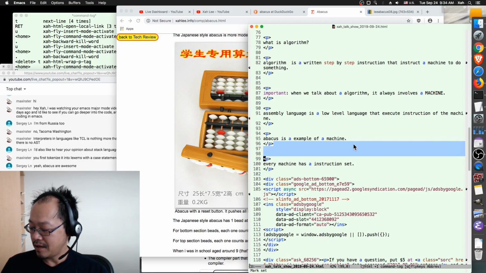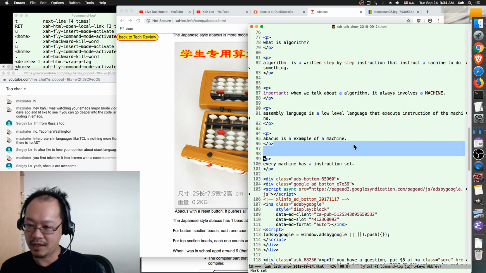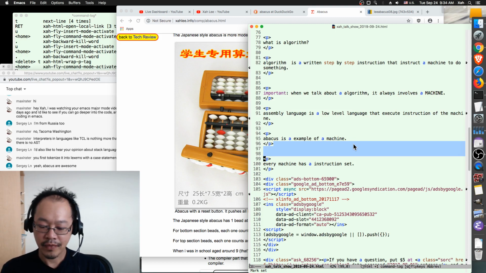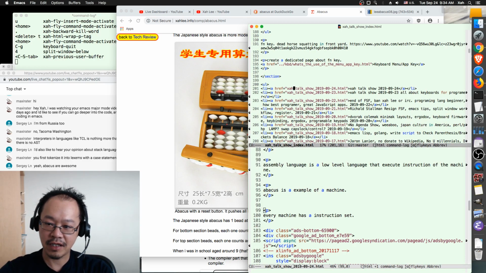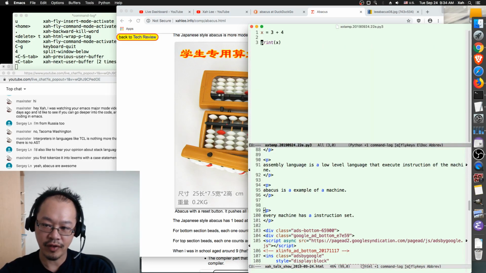And another thing is there's a word interpreter. The difference typically between compilers and interpreters is that compilers read the entire source code and output another language code. Now interpreters typically just take one line or a few lines of code.